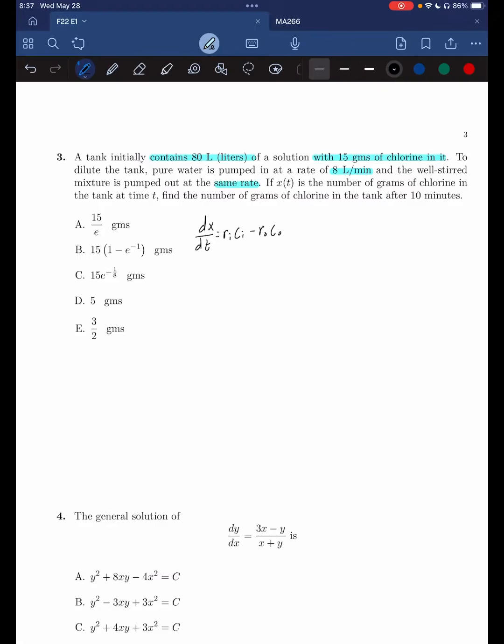Our rate in, as you can see, is 8. But our concentration in is actually 0 because it's pure water. So this term automatically just goes to 0. Now, what is our rate out? Our rate out is 8.